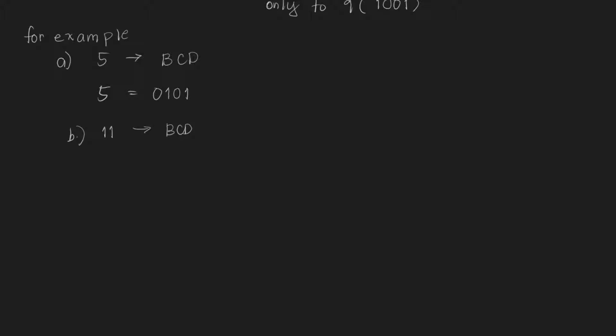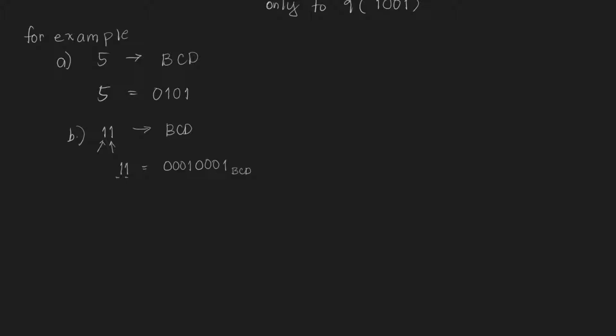Each digit should be represented by a 4-bit number. So we write first the BCD for 1, that is 0, 0, 0, 1, and then another 0, 0, 0, 1. So this is the BCD equivalent of 11.